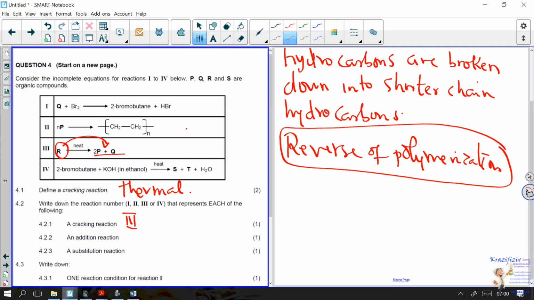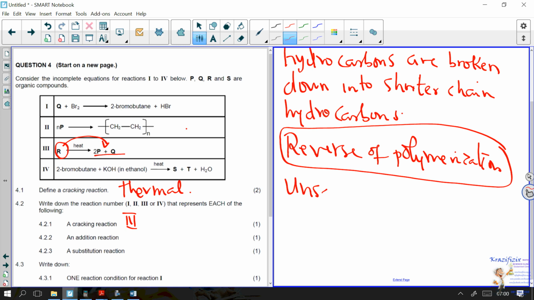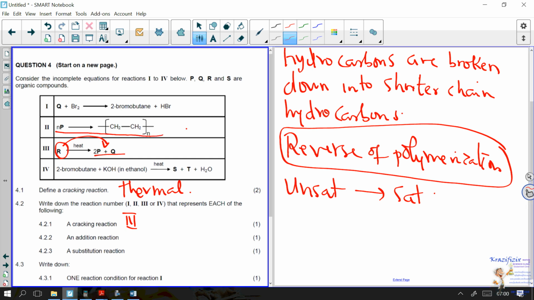Addition reaction. Let's go check. Addition, we said you must start from unsaturated and you must end in a saturated compound, if you check our video the last time. If you notice, this is a polymerization reaction. N means a number of these. So we add in all of this and we get that. This is polyethene now.